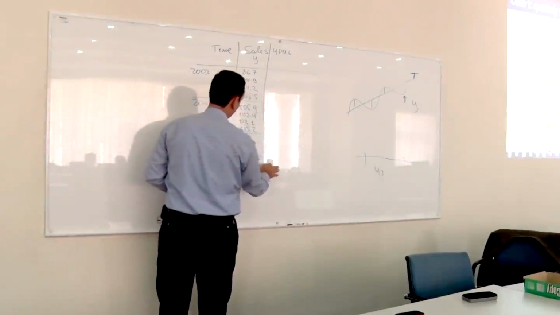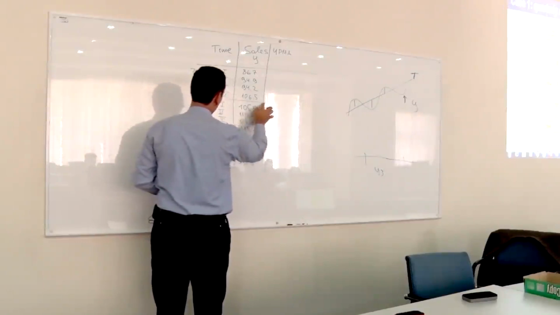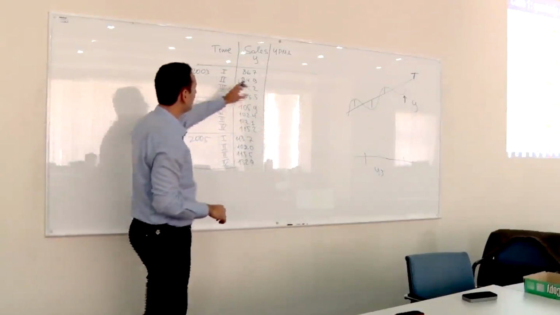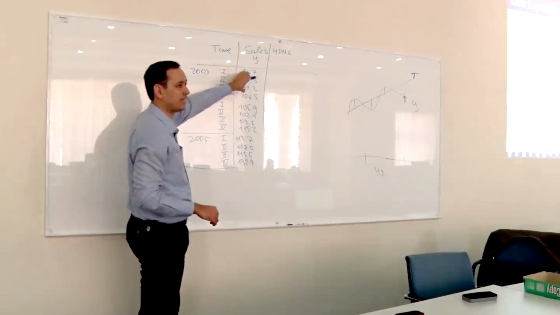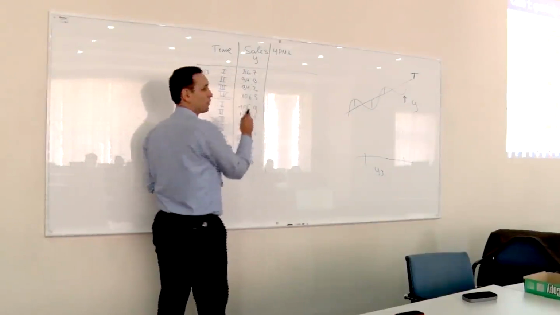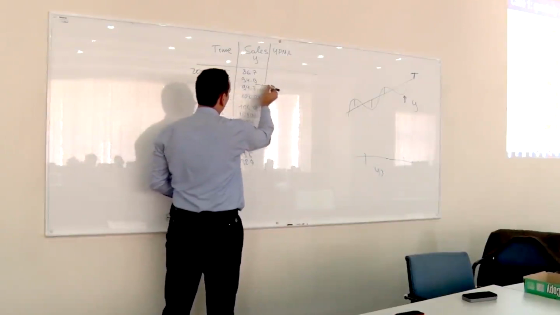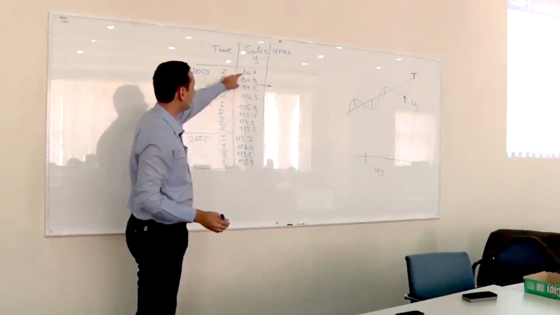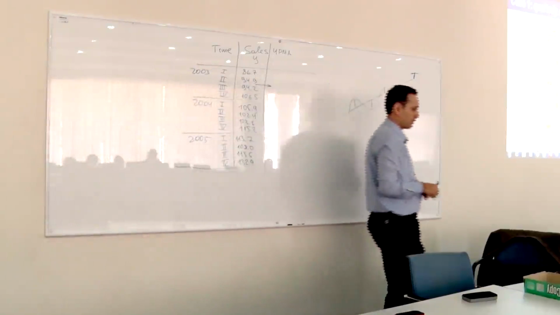The 4-point moving average is calculated by taking the first 4 numbers and finding the average of these 4 numbers. And you write it in between the second and the third number, right here. Okay? So can you guys calculate the average of these 4 numbers? What is the average of these 4 numbers?